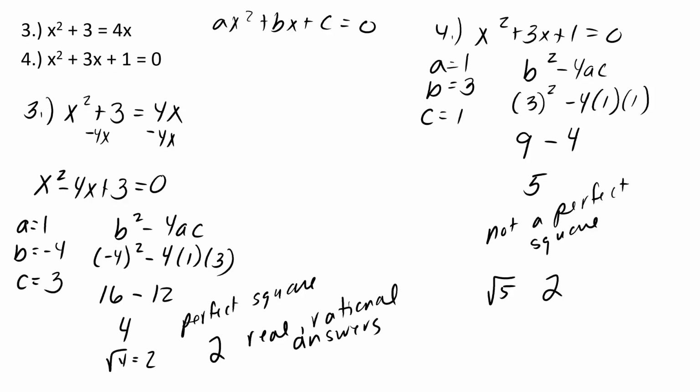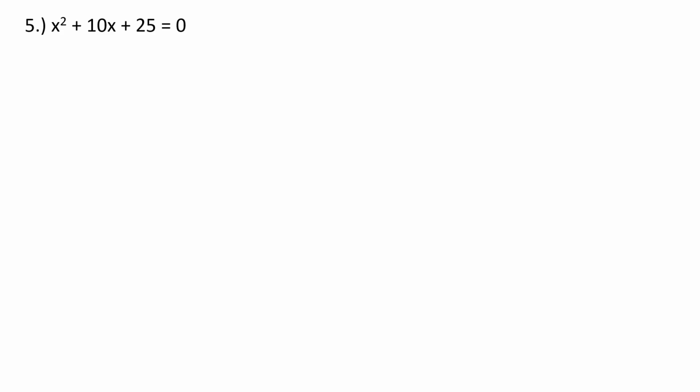So you're going to have plus the square root of 5 and minus the square root of 5. They will be real, but they will be irrational because you can't get rid of that square root. So that would be 2 real irrational answers. And let's take a look at the last one.